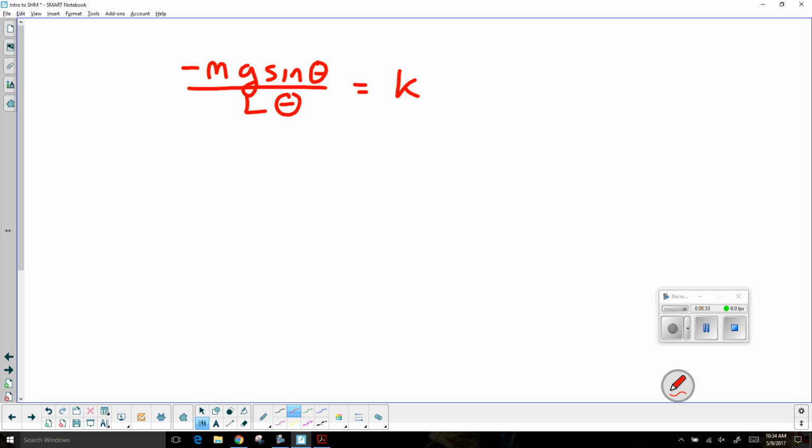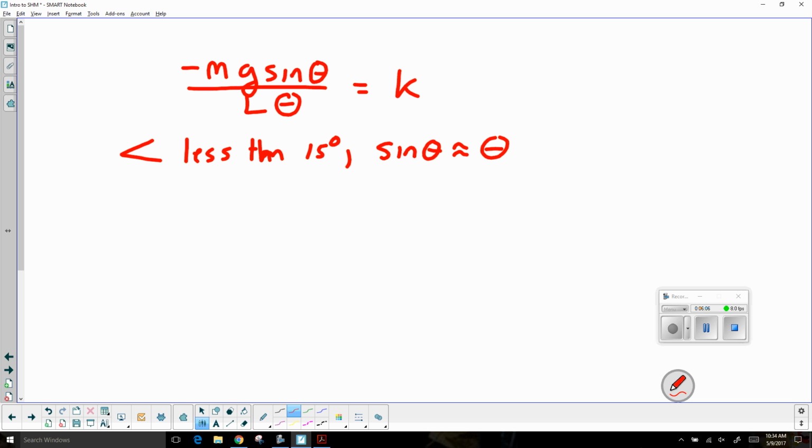Here's where this radian stuff comes in. When we are measuring angles in radians, there is an assumption we can make. We can say if the angle is less than 15 degrees, the sine of theta is pretty much equal to the angle itself.